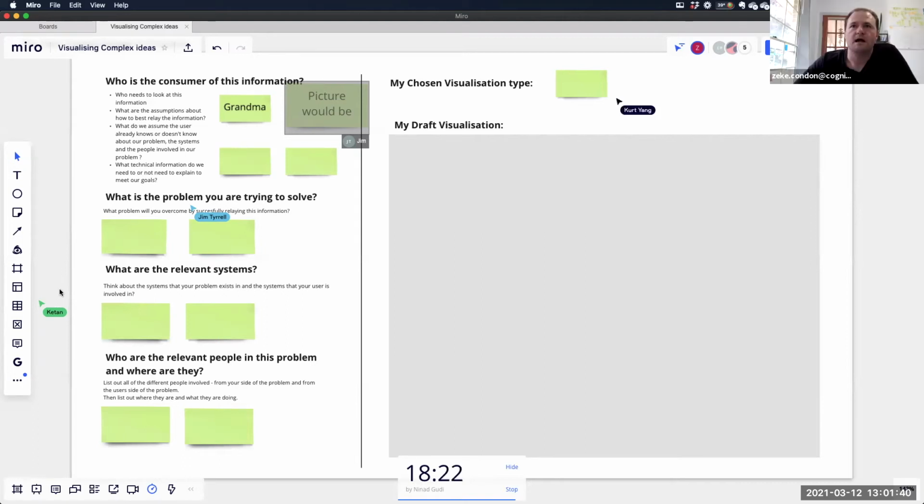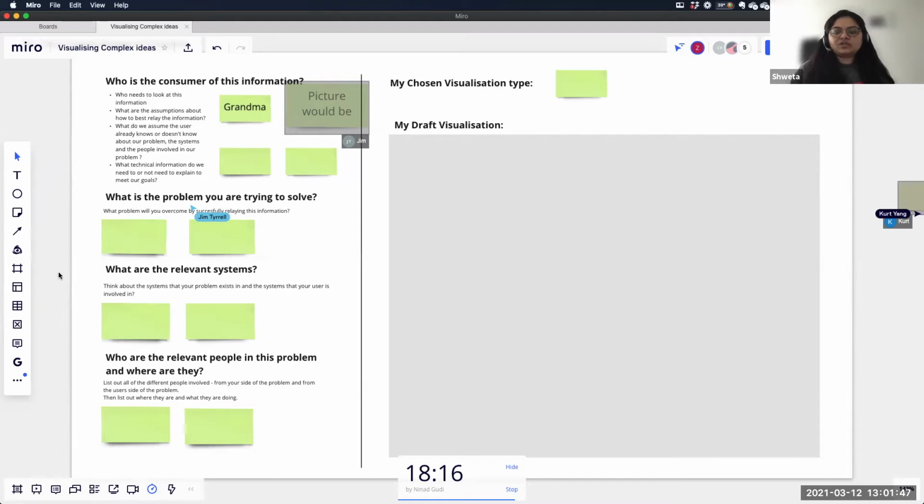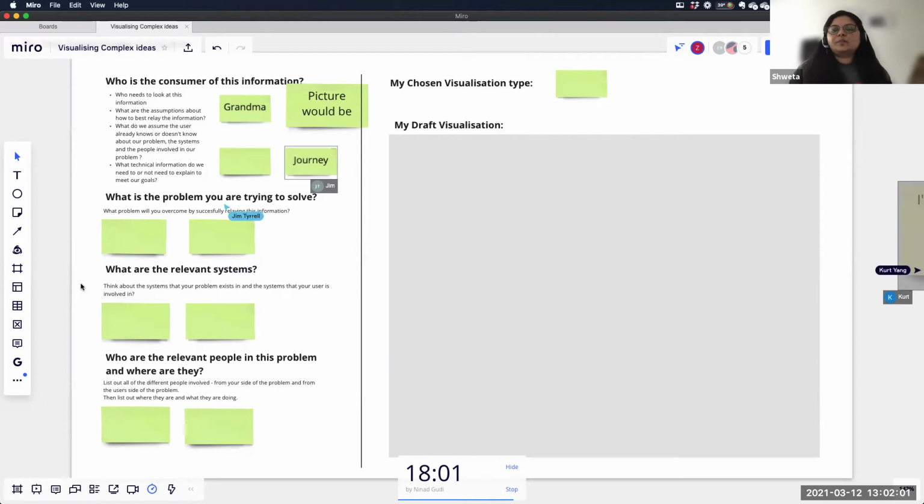Cool. Zeke, I also wanted to say that we need to map out a journey as to the knowledge, because we can't start with blockchain, we need to start with the prerequisite first. So we need to map out all those points as to what should be our starting point to make her understand where we are going, right?